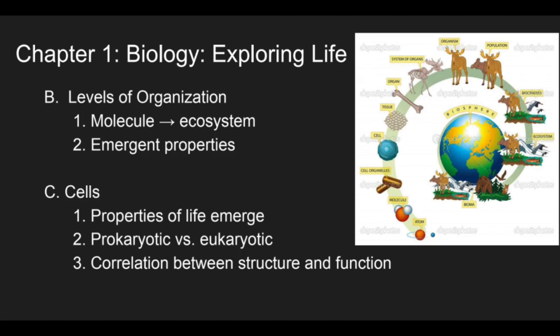So an organ system is made up of organs, and organs are made up of tissues, and all of them work together to perform a specific action. For example, the nervous system is made up of the brain, the spinal cord, and the nerves. Those are all different organs within the organ system, and then each of those is made up of tissues.